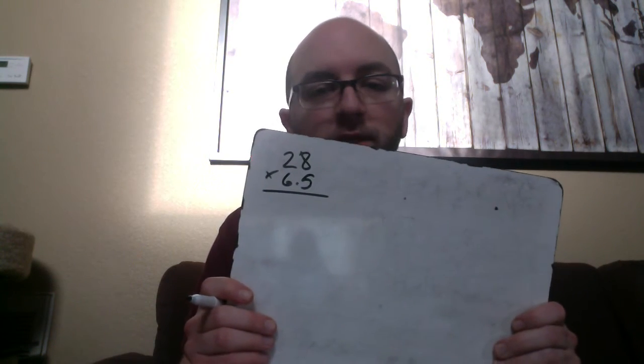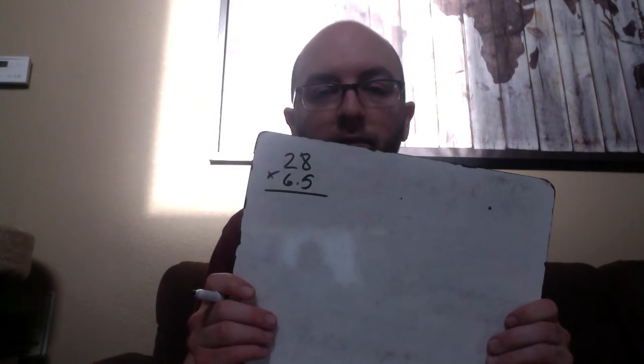So let's start with the base. The base says it's 28 by 6.5, and remember there's not a top, so we only need to do that once. 28 times 6.5, right? And that's how you'd set that up if you don't remember. It's just the same as doing 28 times 65. And you need to bring that decimal point down into the same place value. 5 times 8 is 40. 5 times 2 is 10, plus 4 is 14.